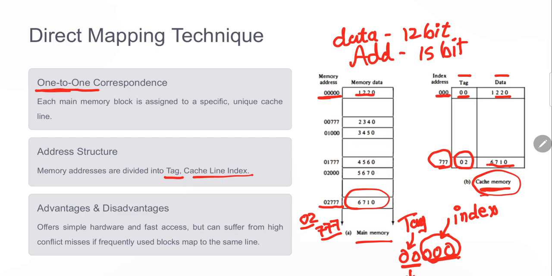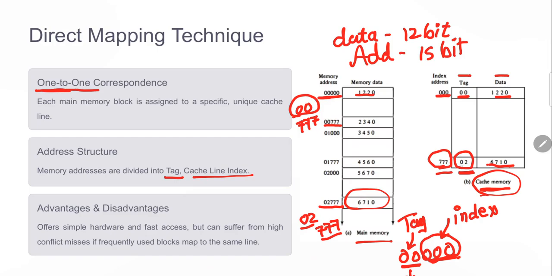When the CPU accesses data, first it divides the address into two parts. Suppose I am searching for data at the address 00777. It will divide it into 00 and 777. First it searches for the 777 location, and then it matches the tag available at that address with the current tag.